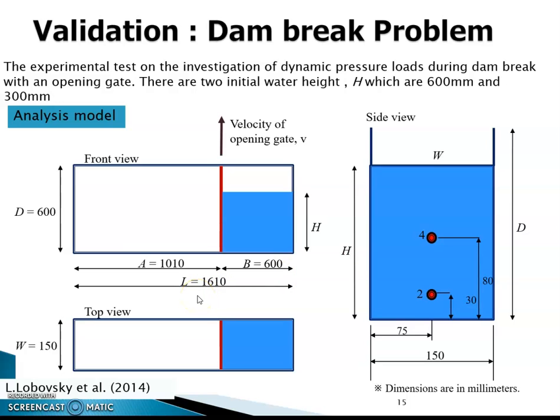In this paper, we focus on two sensors from the experiment, which are sensor 2 and sensor 4, with the distance from the bed being 30 millimeters and 80 millimeters from the bed of the tank.